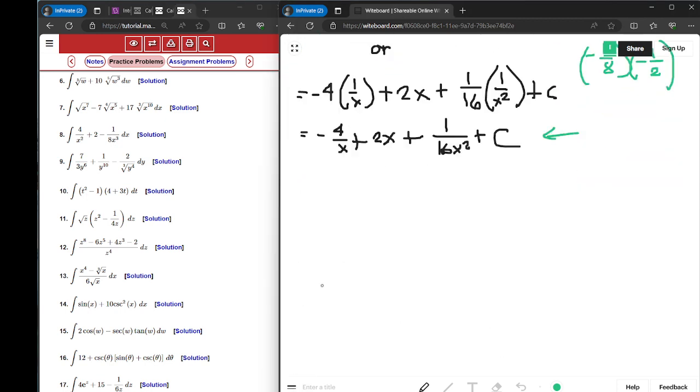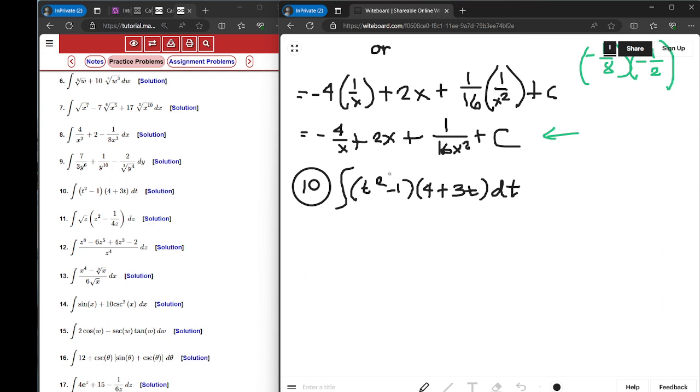So what shall we do if the given is this, number 10? That is the integral of t squared minus 1 times the quantity 4 plus 3t dt.